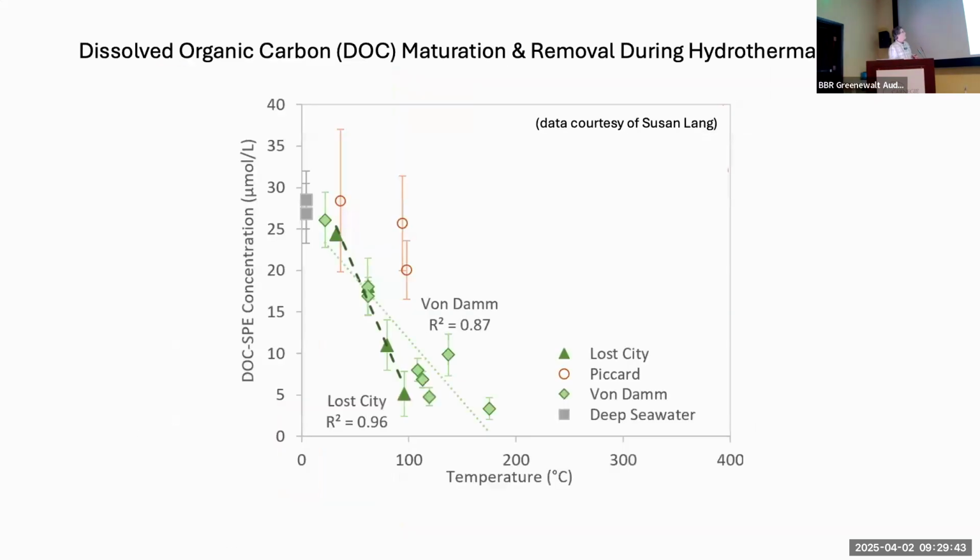I would argue a more likely scenario, as Susan Lang mentioned yesterday, is that when you circulate seawater through the crust, the dissolved organic matter goes away. We know there was circulation of seawater through these rocks. So if their hypothesis for the formation of these compounds is correct, what might actually be going on is that you're thermally altering dissolved organic matter in seawater, providing an organic or heteroaromatic compound that then gets transformed into these amino acids.